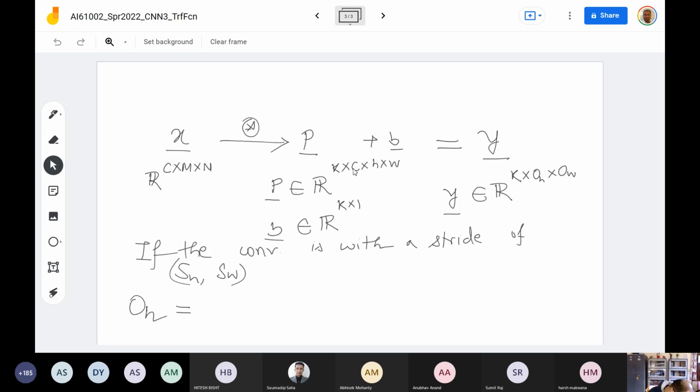Are you sure? Yes, M minus H divided by SH plus 1, this is what you are saying. Yes, sir. And OW is going to be N minus W divided by SW plus 1. Now the question is, how did you come to this? How did you derive this output form?